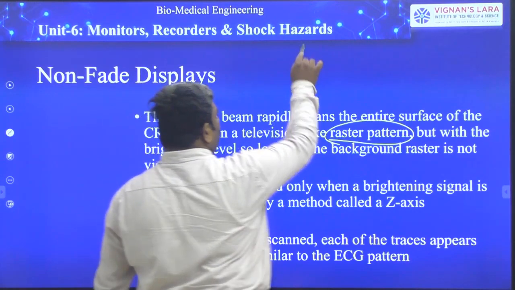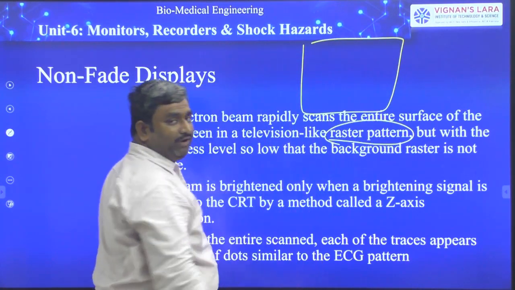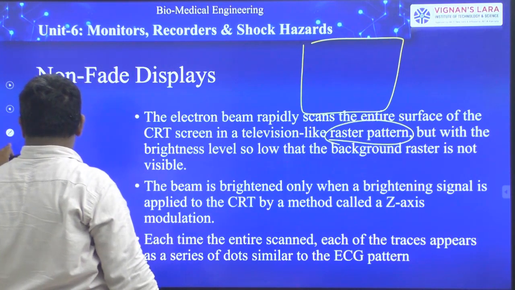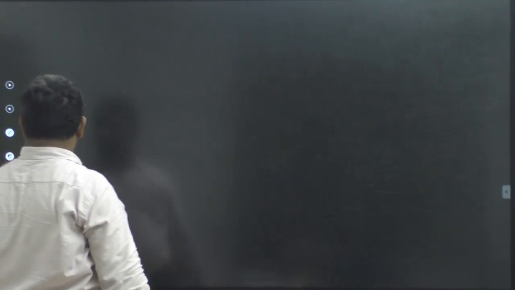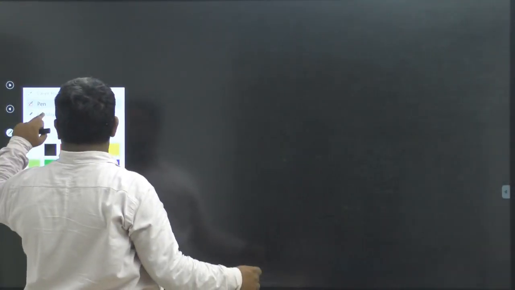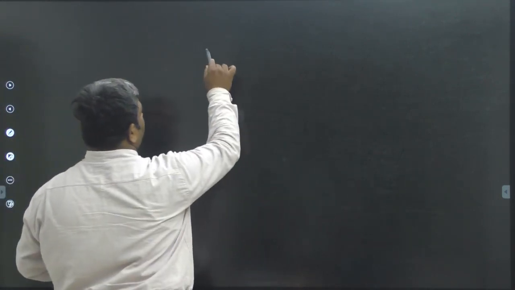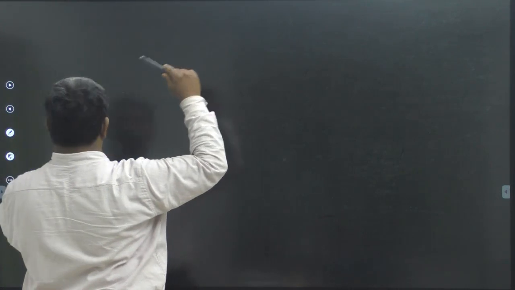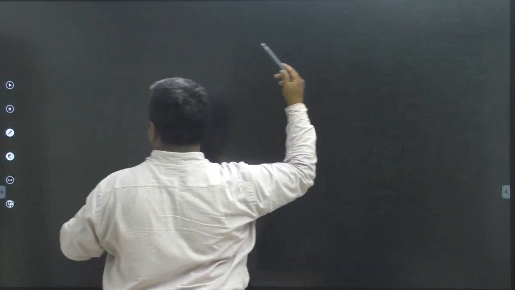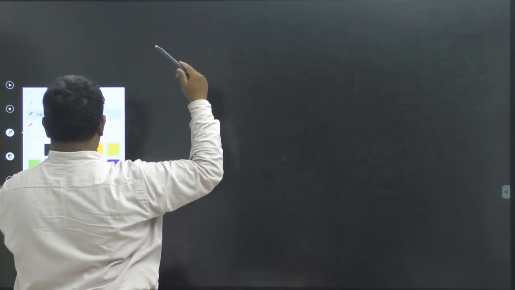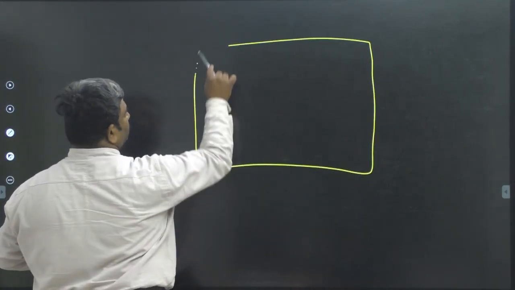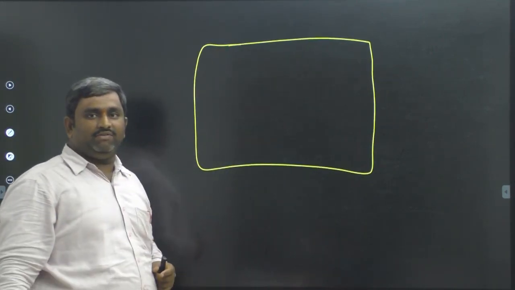For example, if you have a TV like this, I will draw separately. So see here, you have a TV like this.